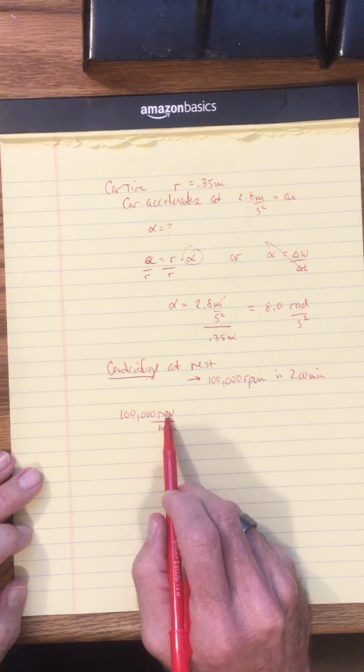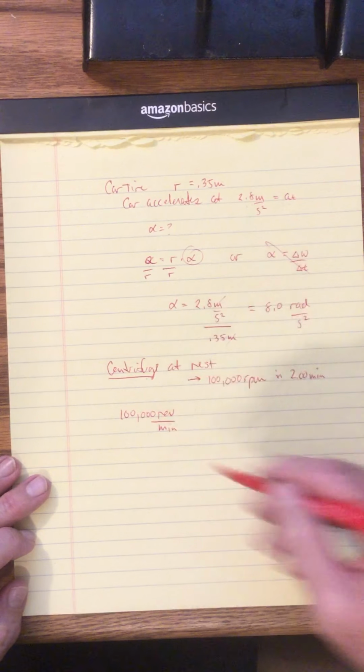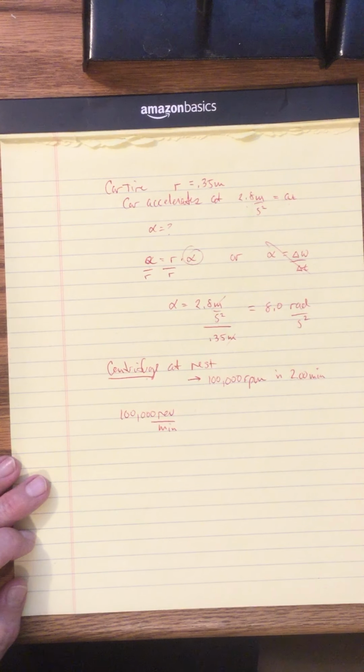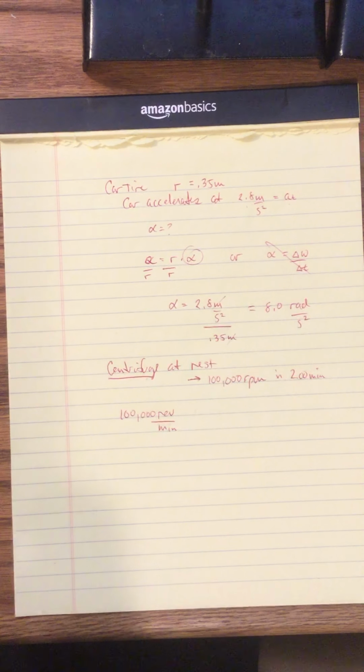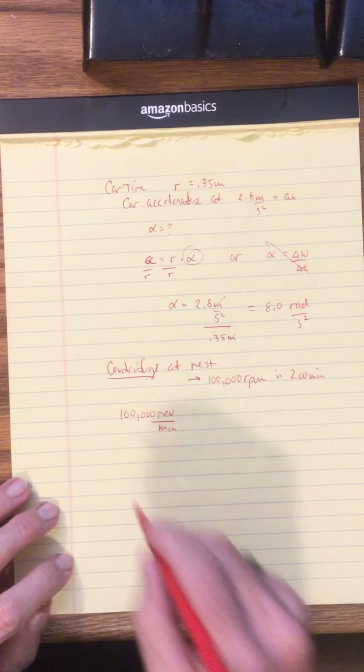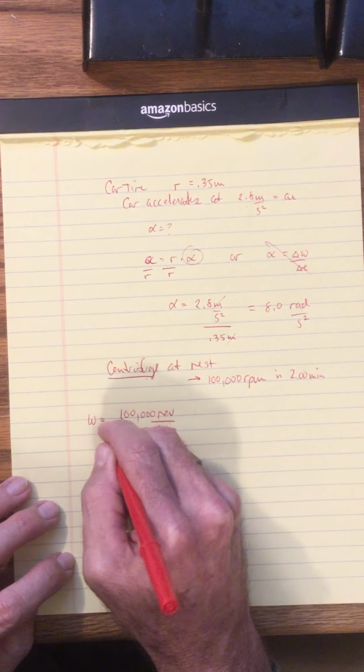Revolutions is the number of times that it's going around. What is this that it's measuring? Do I have a theta? Is this omega? Or is this alpha? The answer is this is omega.